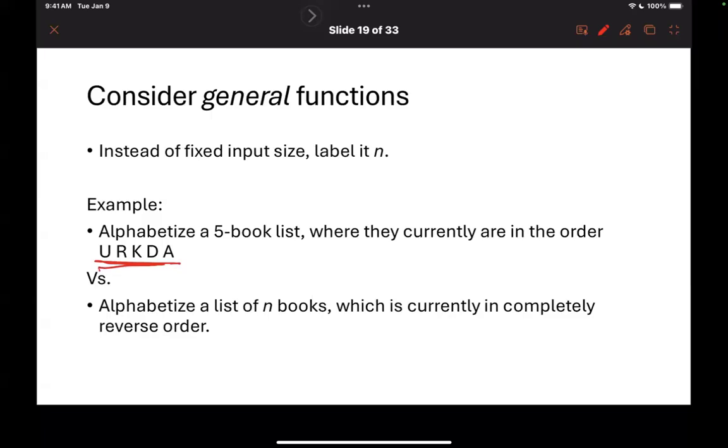That's perfectly fine for a list of 5 books. But now we're going to transition to general functions, where we want to alphabetize a list of n books, and it's currently completely reversed. How do we do something like that? Talk with your groups. How did your approach work for this general case?